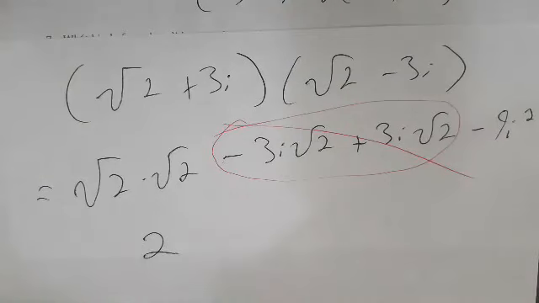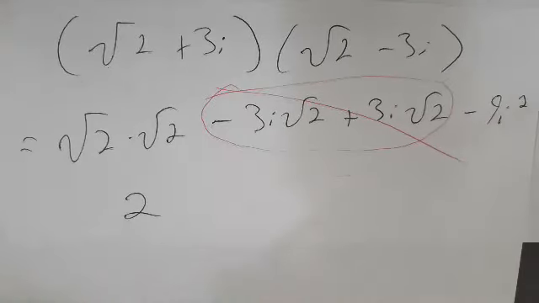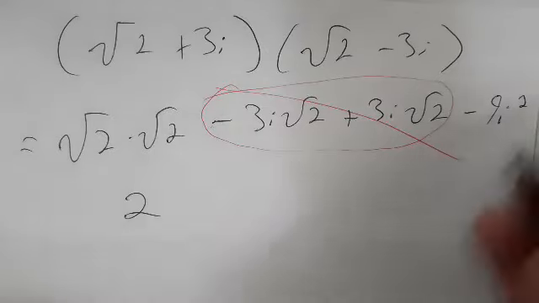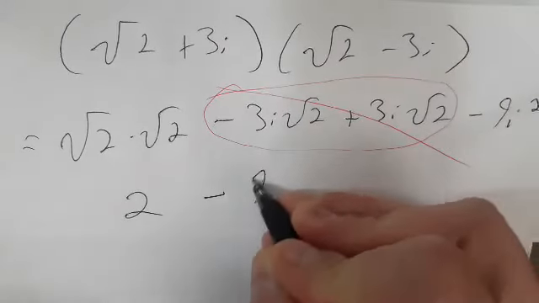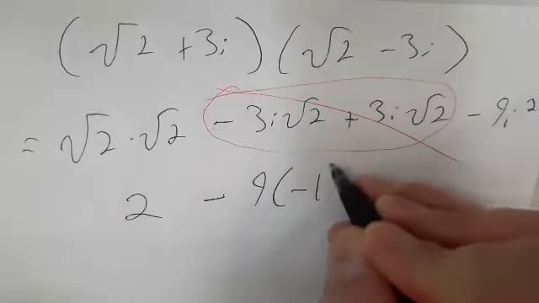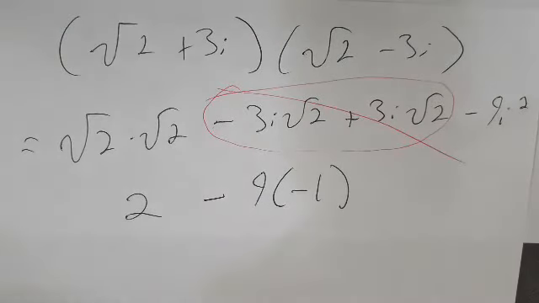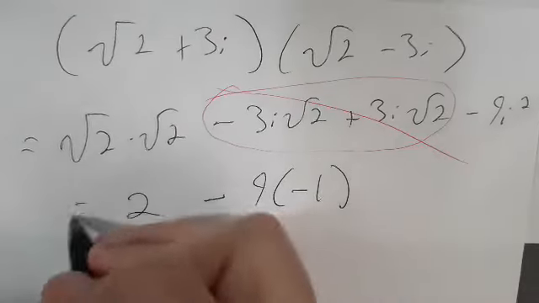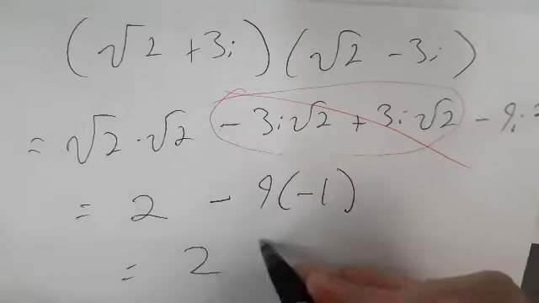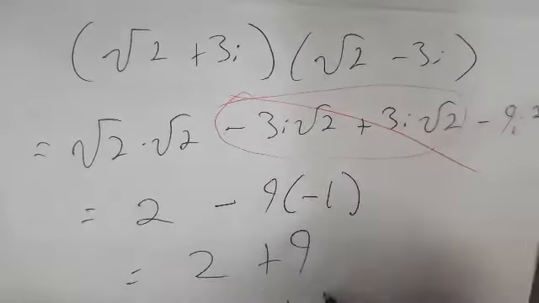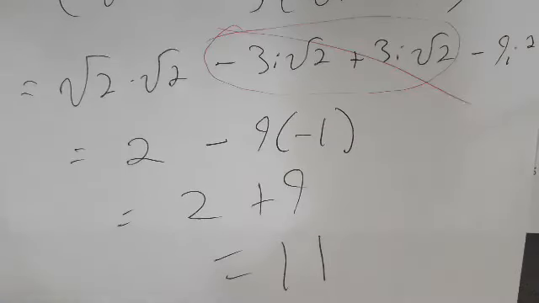Those are the same thing. One of them is adding, one of them is subtracting. It is no more. I have a minus 9i squared. That's like a minus 9 times i squared. I really think about this as a minus 1. So this looks like 2 plus 9. So this looks like 11. So we expected to get a pure real number. We got a pure real number, number 11.